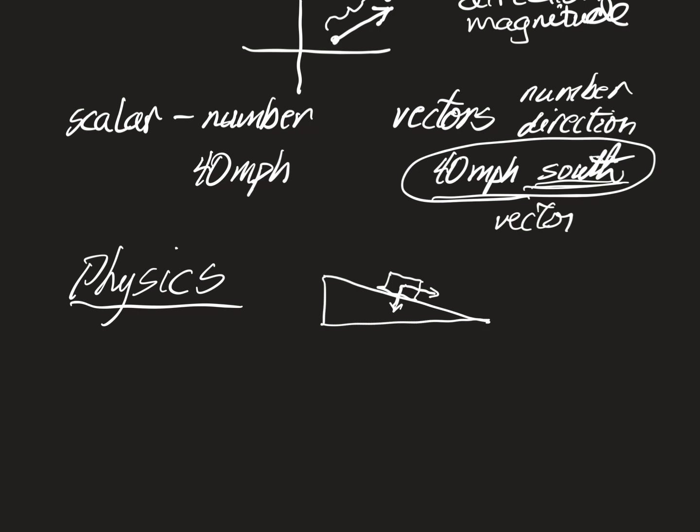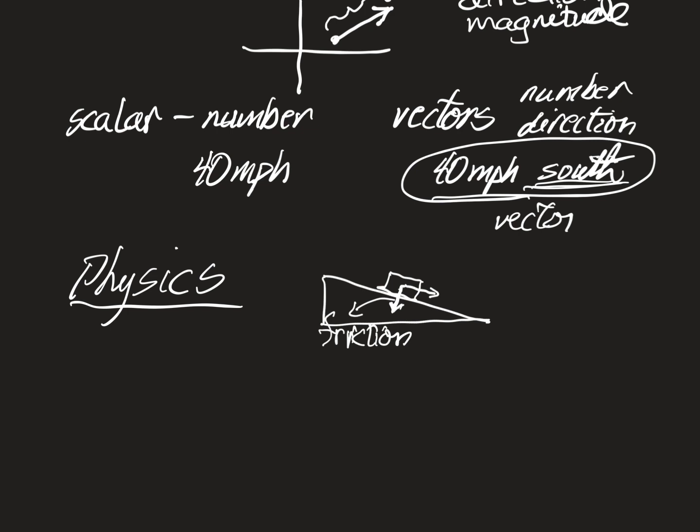There's another vector that represents friction. Okay, the box is resisting sliding down the plane for some reason, because there's a force pushing that box next to the plane, so it slides slower.